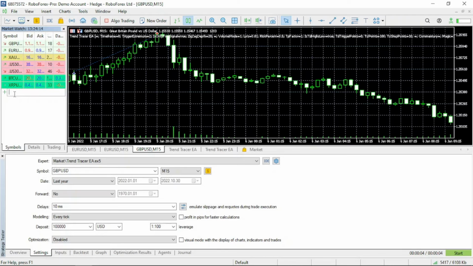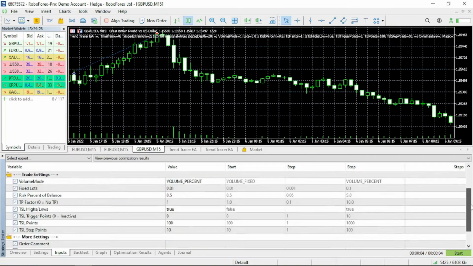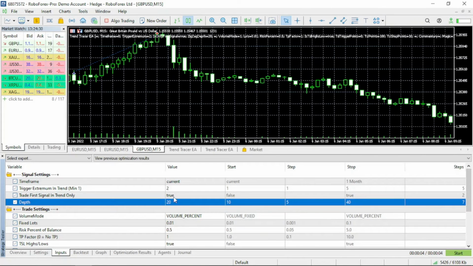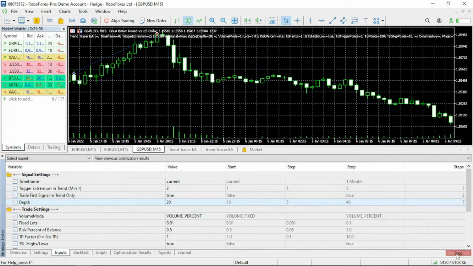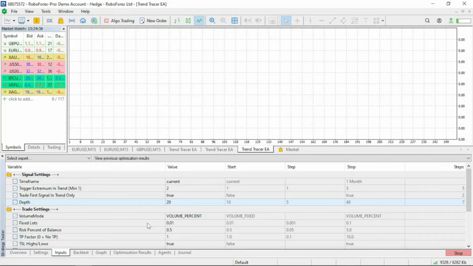So here we have a CFD for Ripple, and I'm also going to add spot silver. Next, we are going to select under optimization, all symbols selected in market watch. What this means is that the set file will be run against all those different instruments listed under market watch.